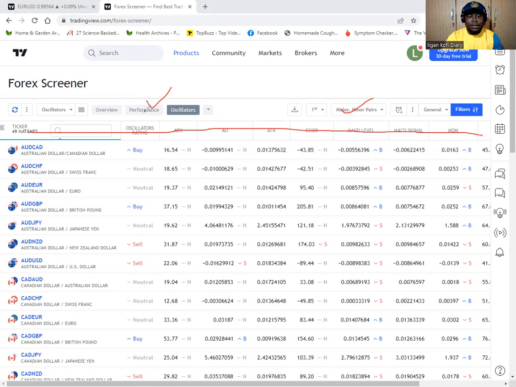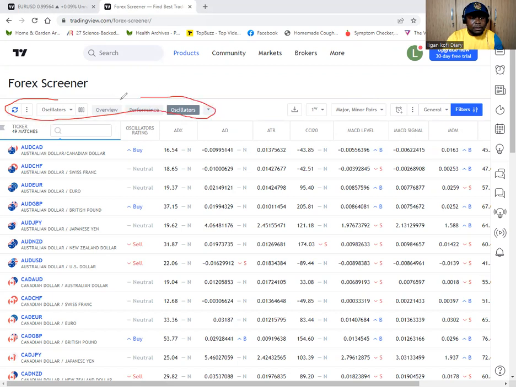All right. Good. Let's begin here. Now, when you come to the top menu here, we have the refresh area. When you click on it, it will refresh the whole page for you. And then we have the oscillator section. This oscillator section is the same as this section here.